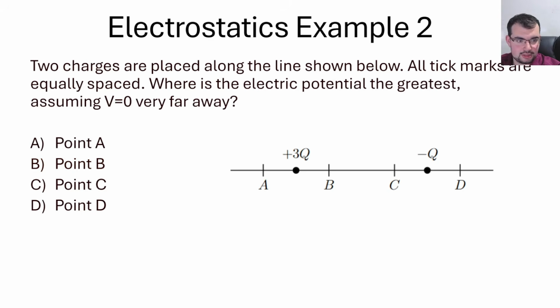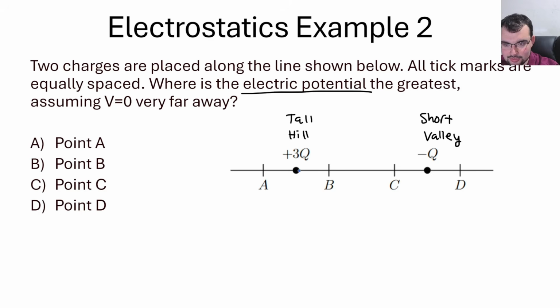All right, same question, except it's potential. So we'll see if we can just do this one real quick conceptually. We said potential, that's height. So where's the height the greatest? This is a tall hill, and this would be a short valley. So where is our terrain the biggest? Well, you can also think about this in terms of the height contributions.